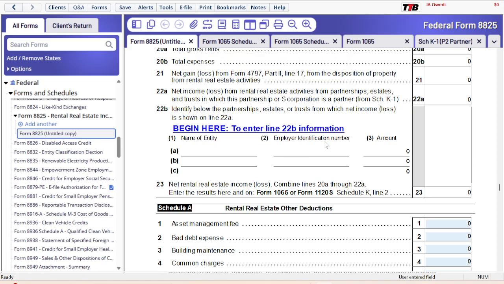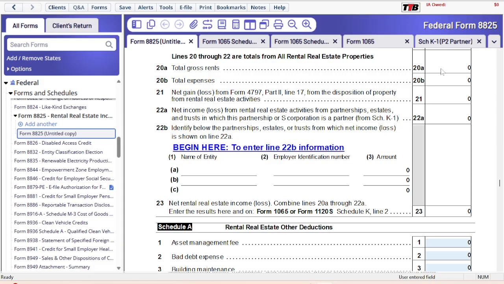So it's combining line 20 and line 22. Line 20, that is the rent, line 20A, line 20B.